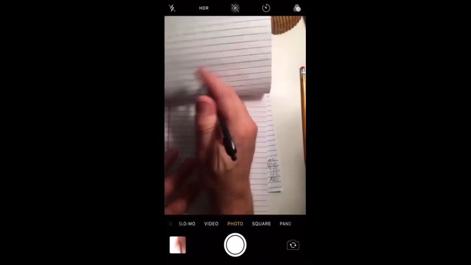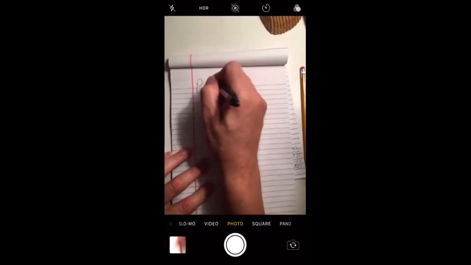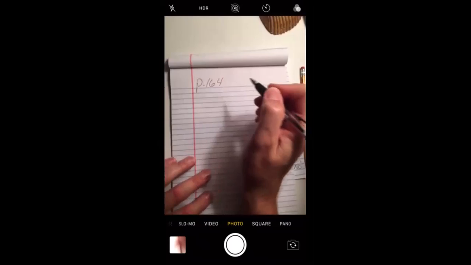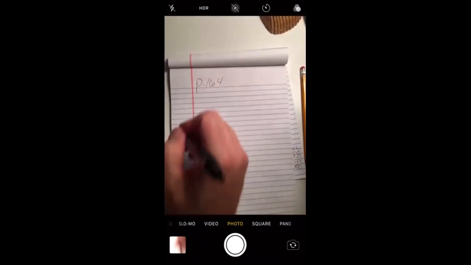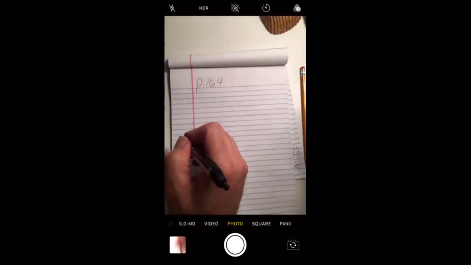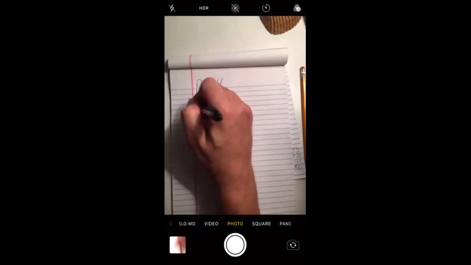Anybody want to ask anything before I show you a couple examples out of the book? No, go ahead. These are on page 164. I guess we'll just start with the first one. Number 7.